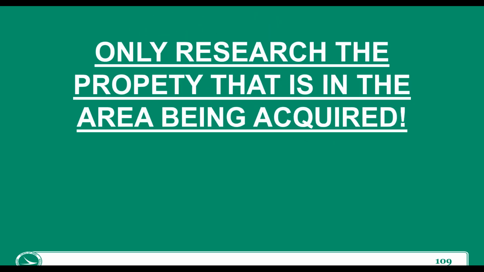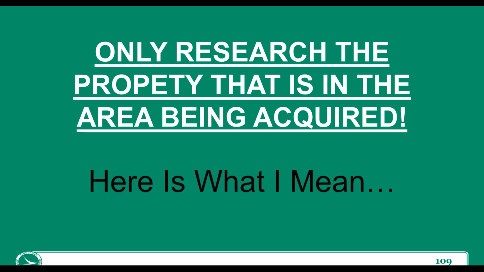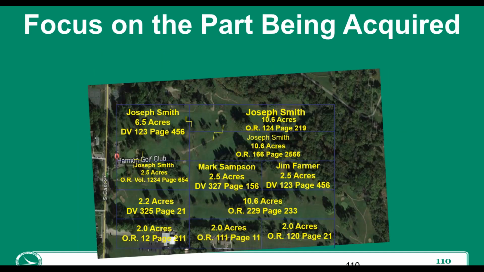Something to keep in mind: only research a property that is in the area being acquired. Here's what I mean. We have a piece of land where ODOT is going to take an SH from Joseph Smith, and Joseph owns quite a bit of land over here.